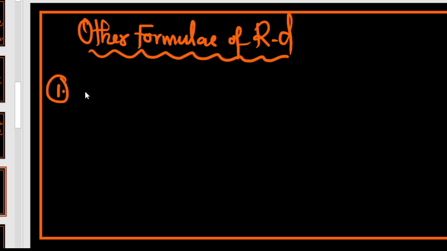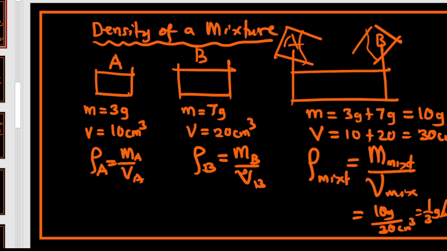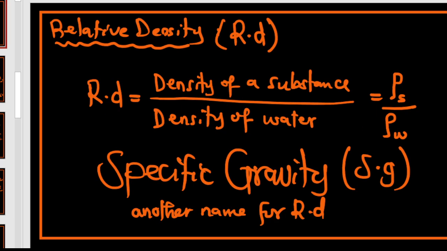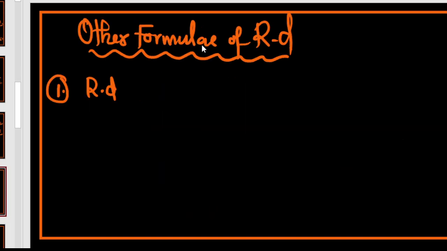The general formula of relative density is what I described in our last class. I said relative density of a substance is density of the substance divided by what? Density of water. So which means the RD of a substance, any kind of substance, be it solid, liquid or gas, can always be density of the substance over density of water.